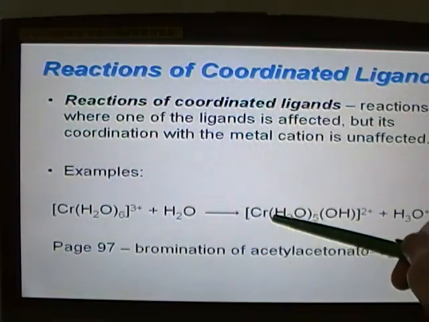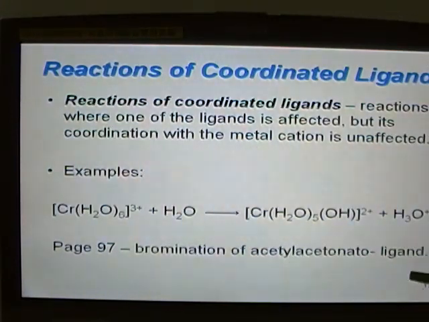It still has a coordination number of 6 because it has 6 monodentate ligands around it. But we now have H3O+ and [Cr(H2O)5OH]2+. Page 97 in your textbook talks about the bromination of an acetylacetonato ligand. I certainly suggest that you read through that.